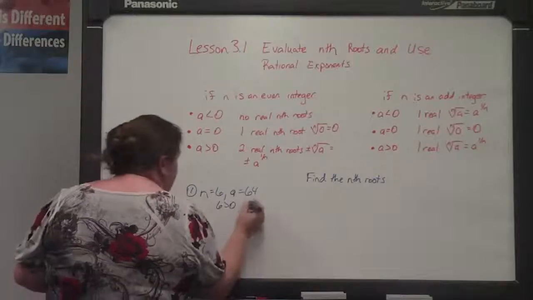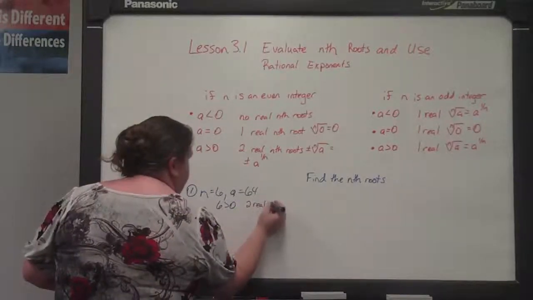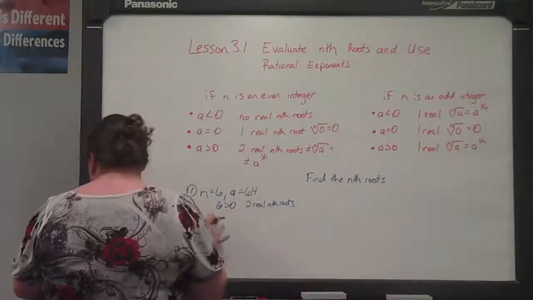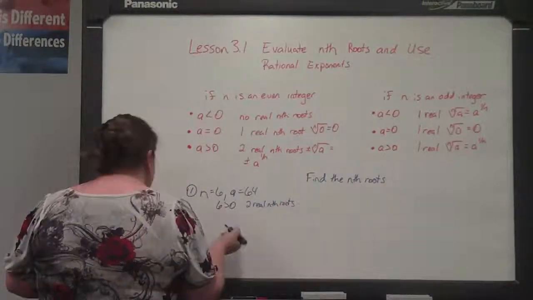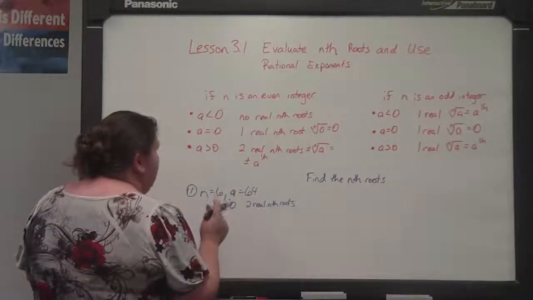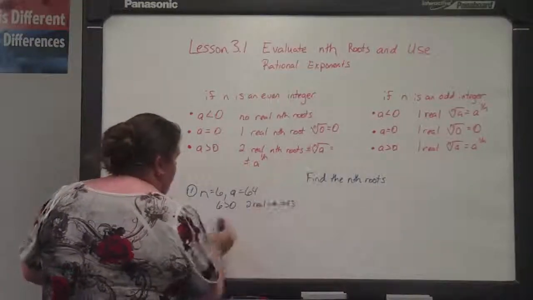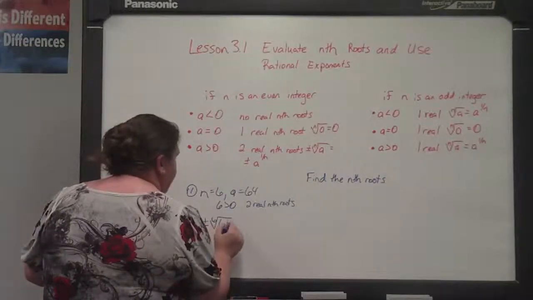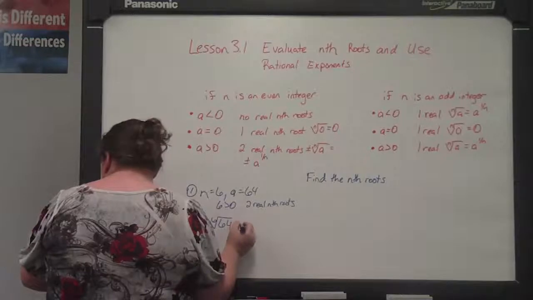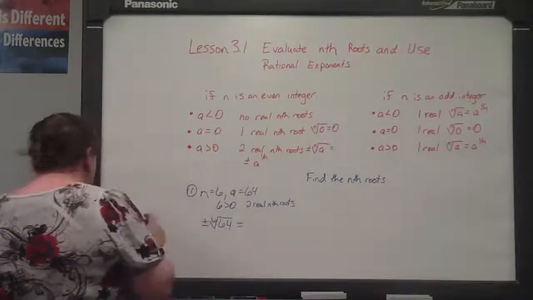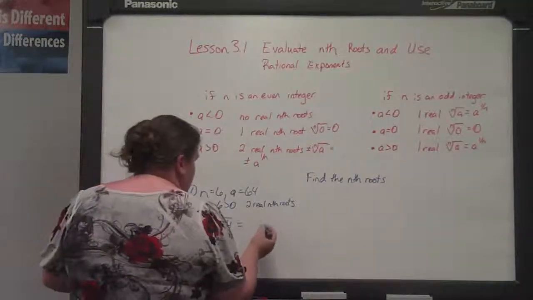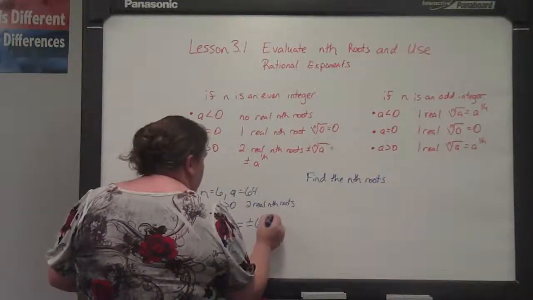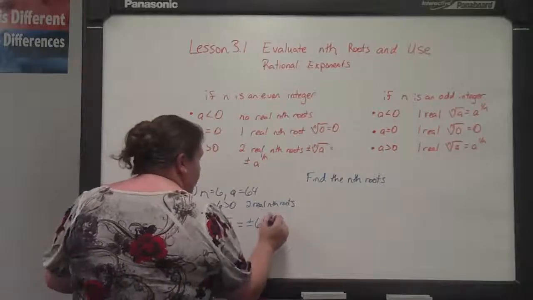So that lets me know I'm going to have two real nth roots. The next thing I want to do is write it in this form: I have plus or minus the 6th root of 64, which you can rewrite as plus or minus 64 to the 1/6 power.